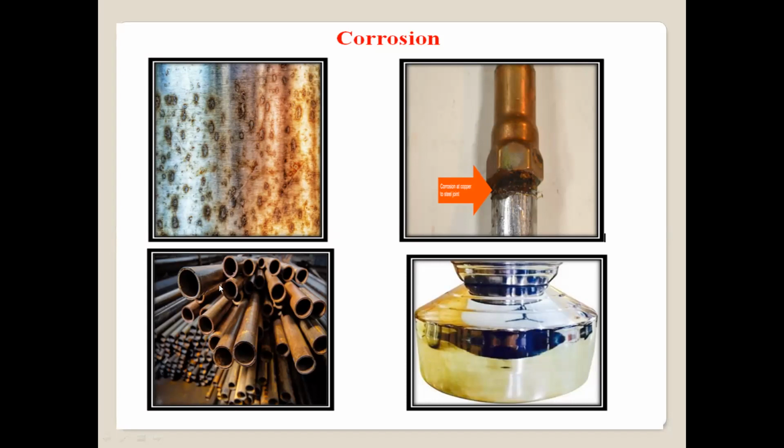These are different metals of iron on which corrosion occurs. And this is waterline corrosion, the corrosion that occurs on steel metal. So these are the images of corrosion.